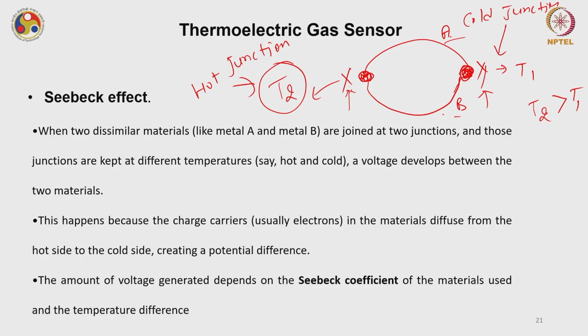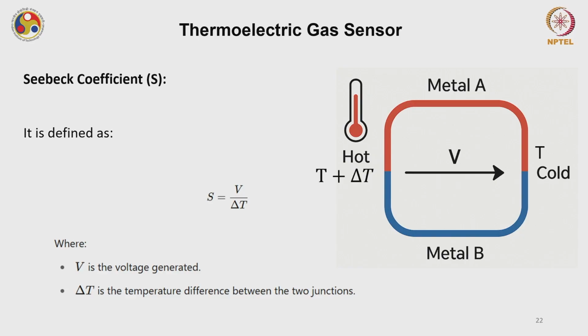The amount of voltage generated depends on the Seebeck coefficient of the material used and the temperature difference, and this is known as the Seebeck effect. Thermoelectric gas sensors are based on the Seebeck effect. The Seebeck coefficient is nothing but the voltage generated divided by the temperature difference between the two junctions.